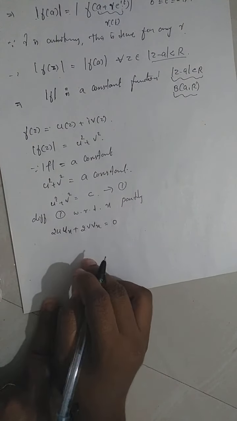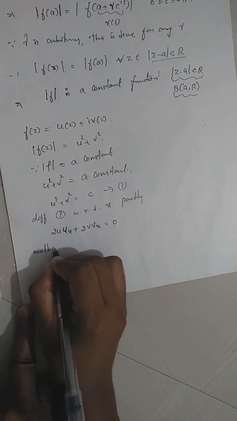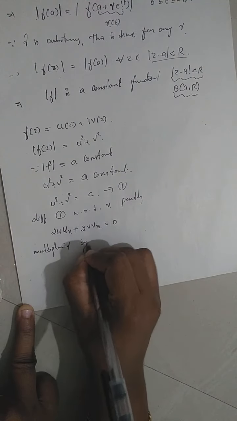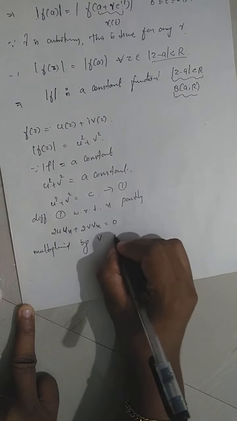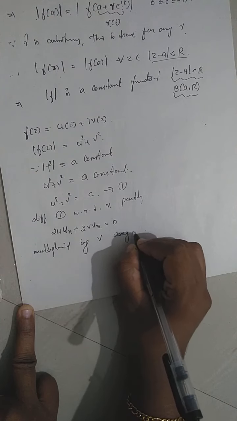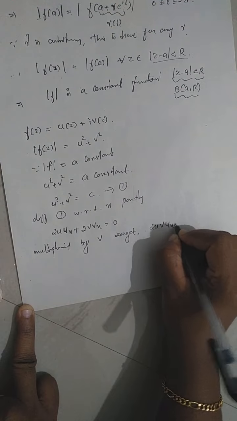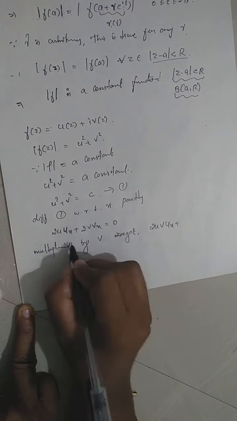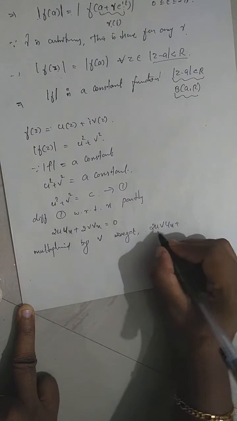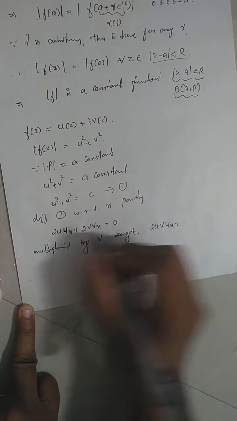Then you multiply this equation by the function v. When you multiply by v, we get 2uv u_x + 2v² v_x = 0.